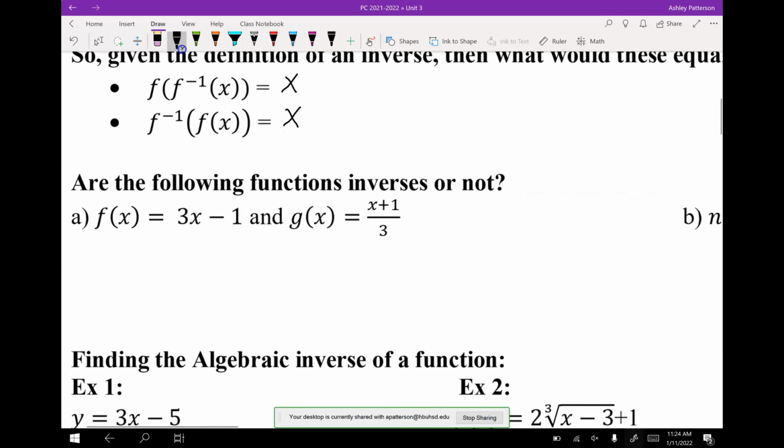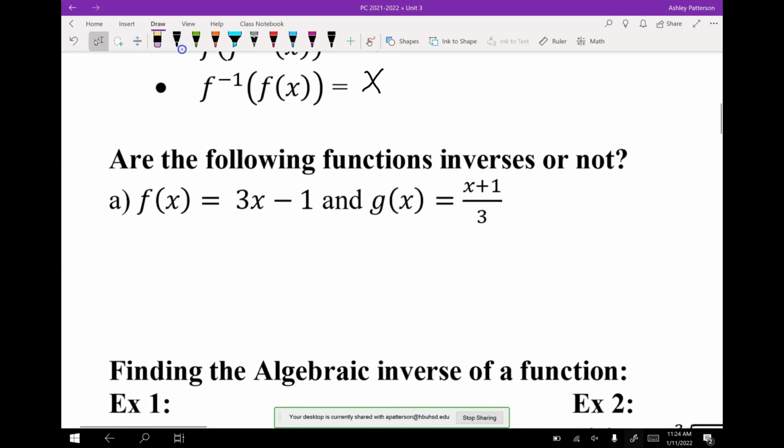For this example, we are given f of x and g of x. Again, it doesn't matter which order we go in. Let's go ahead and compose f of g of x using g of x as our input of f. And let's see if they are inverse functions.